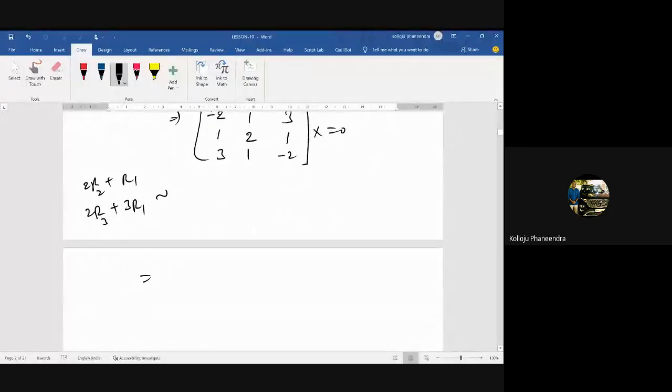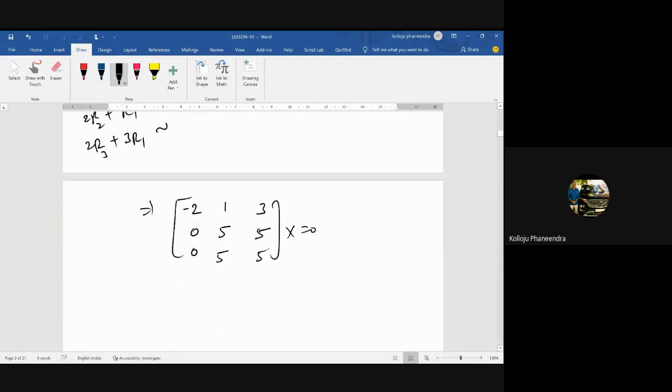The first row is minus 2, 1, 3. The second row, 2R2 plus R1: 4 plus 1 is 5, 2 plus 3 is 5. The third row, 2R3 plus 3R1: 2 plus 3 is 5, and minus 4 plus 9 is 5.